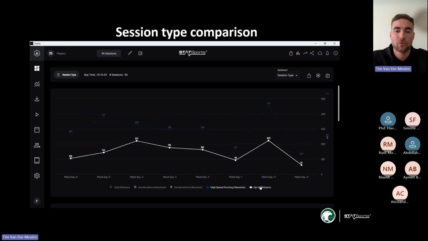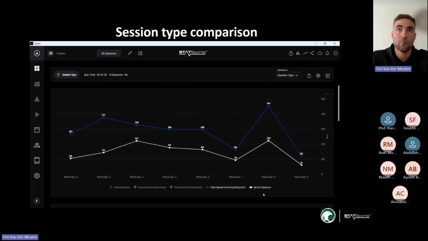If you have goals for your total team, you can really easily reflect and look back for each different session type, and ask yourself whether you think this is the most optimal preparation in terms of physical load towards a match.